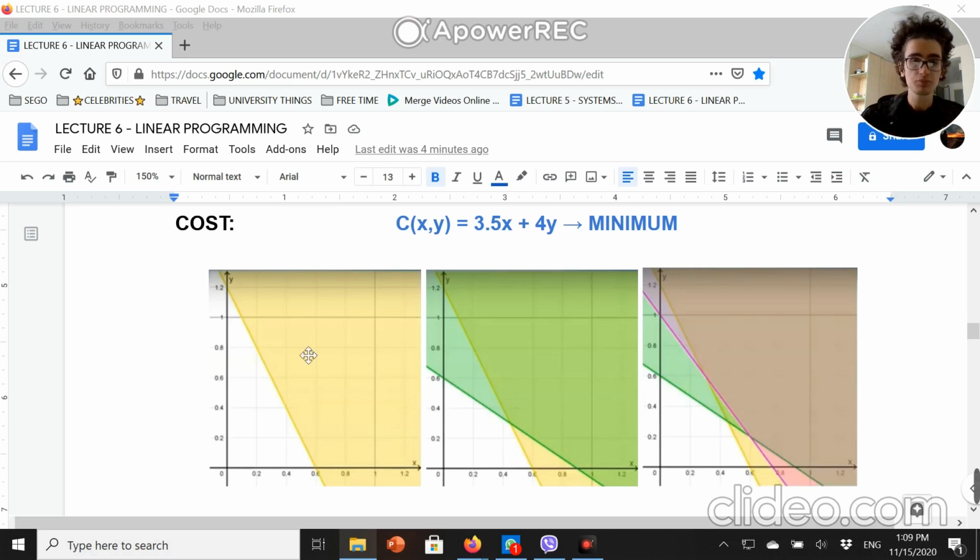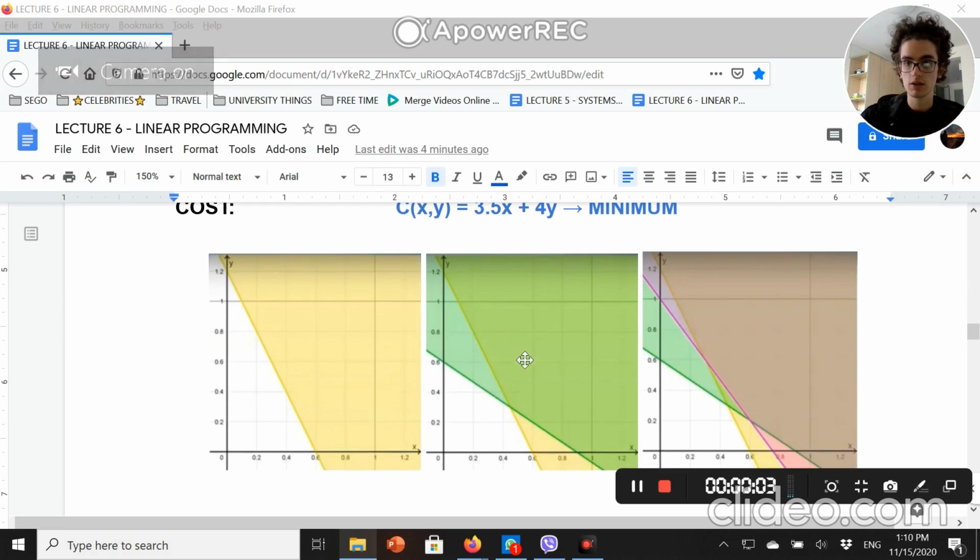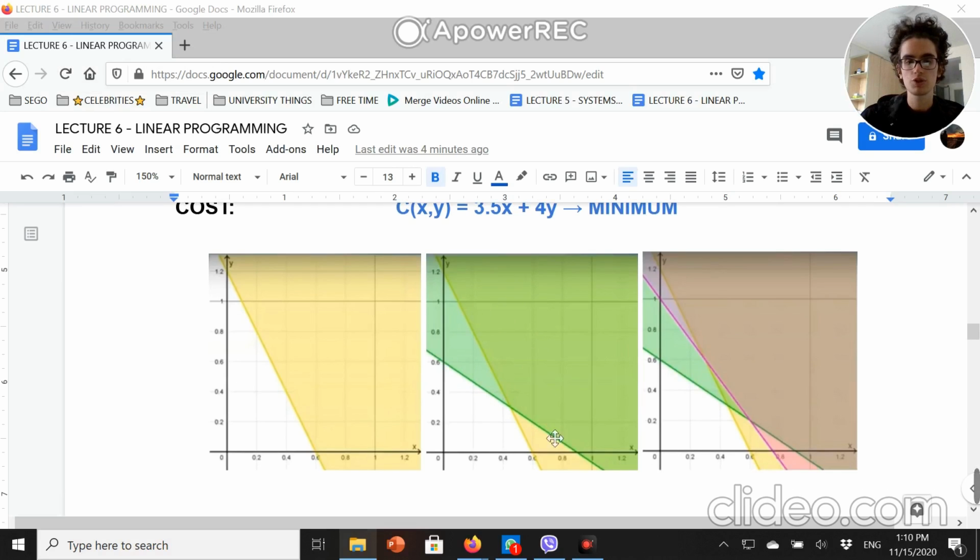Then the same thing we would do for the second linear equation. So we draw a line, and this is the entire shaded area for which it's correct. And the same thing for the third one. Here is the line, and here is the shaded area.